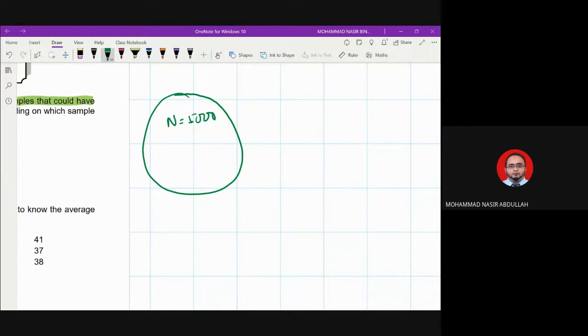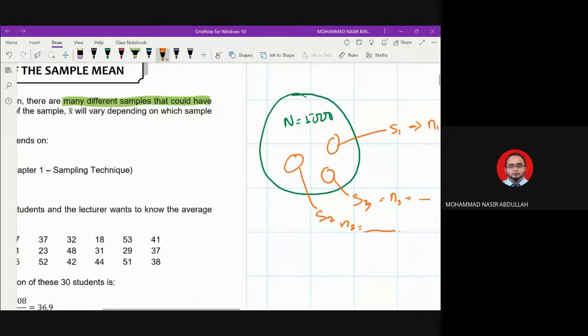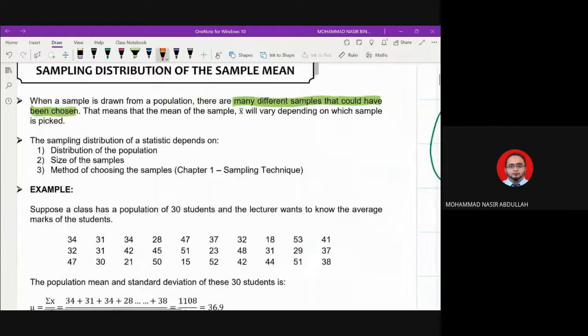You could take many samples: sample 1, sample 2, sample 3, and so on. Each sample would have a different sample size, n3 will be something, n2 will be something, right? So the mean of the sample, called x bar, will vary depending on which sample is picked, right?